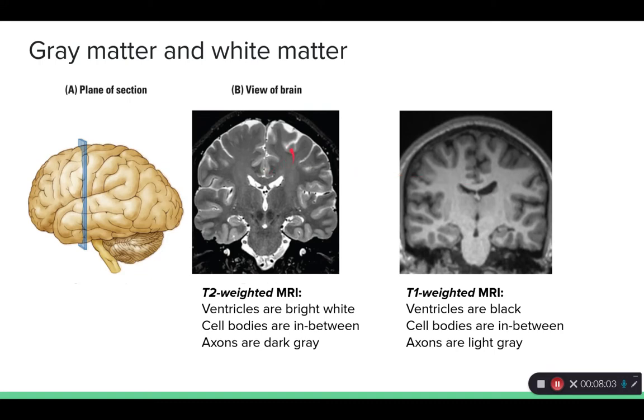Likewise, we know that on the outside of the brain, that's the cortex, and the cortex is made up of gray matter. And we can see that the gray matter here in this T1 weighted image takes on this intermediate gray value, right? So it's not as deep and dark as the ventricles, and it's not as light as this other stuff, which we'll get to in a moment.